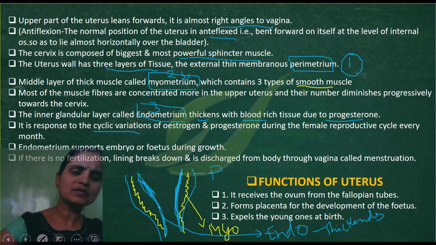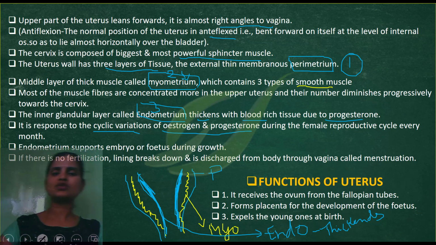It becomes thin, and again it becomes thick. This is due to the variation in estrogen and progesterone hormones, which change with the menstrual cycle. If fertilization does not take place, the thickness of the endometrium will shed.